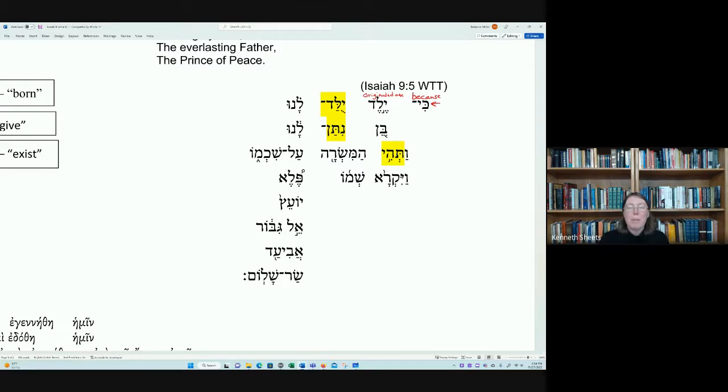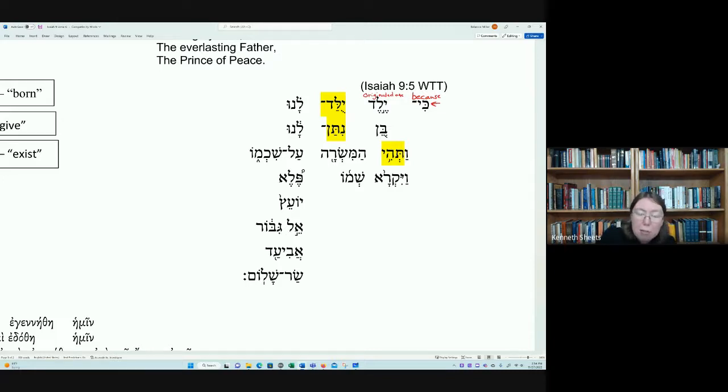Remember when we were talking about Hebrew verbs? Hebrew verbs are going to have stem, aspect, person, gender, and number. And like other Hebrew words, these are built off of three consonants.